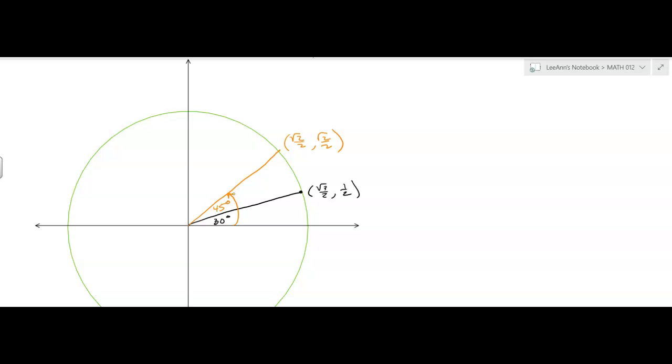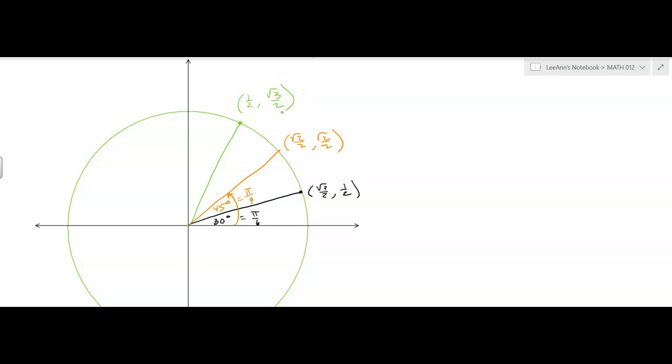And I forgot to put the radian measure. 45 is pi over 4, and 30 is pi over 6. Okay, and then we have the 60 degree, and it has coordinates of 1/2 and the square root of 3 over 2.